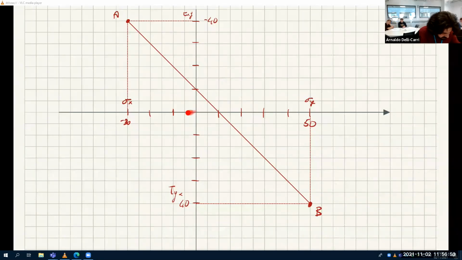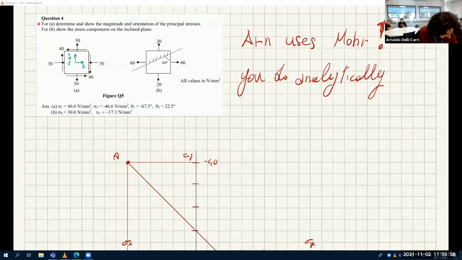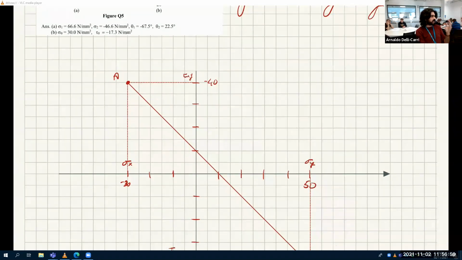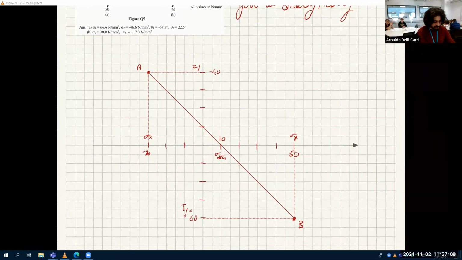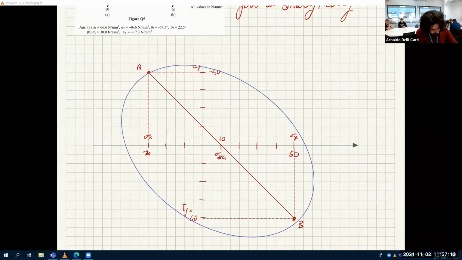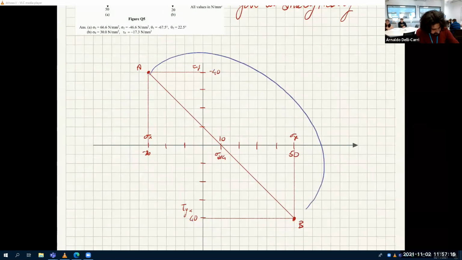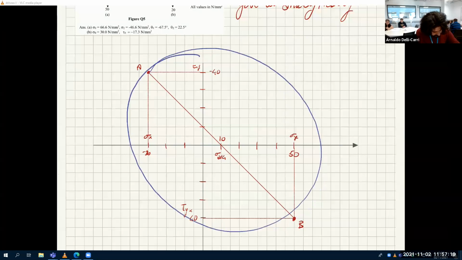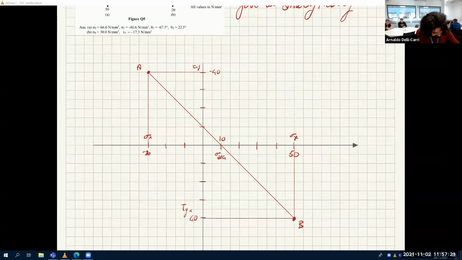Is 1, 2, 3, sigma x. Yeah, minus 30 plus 50 is 20, divided by 2 is 10. So this 10 is sigma average, which is where the center is. And now I can draw the circle. That's an ellipse. Come on.